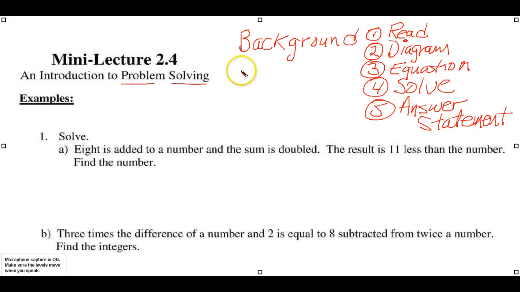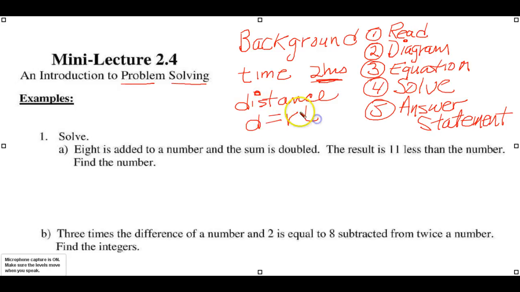One case, when you solve something, you might end up with time. 2 hours. That's what you get as an answer. But they're asking for distance. So you would have to know distance equals rate times time.